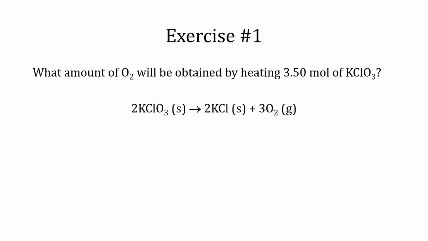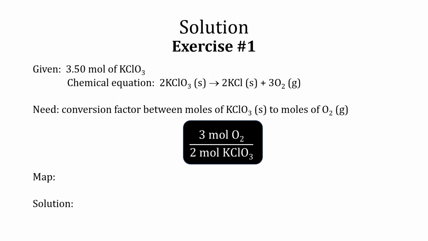Exercise 1 involves mole stoichiometry and asks: what amount of O2 will be obtained by heating 3.50 moles of KClO3? The balanced chemical equation is 2 KClO3 forming 2 KCl and 3 O2. The mole ratio converting factor is 3 moles of O2 over 2 moles of KClO3.